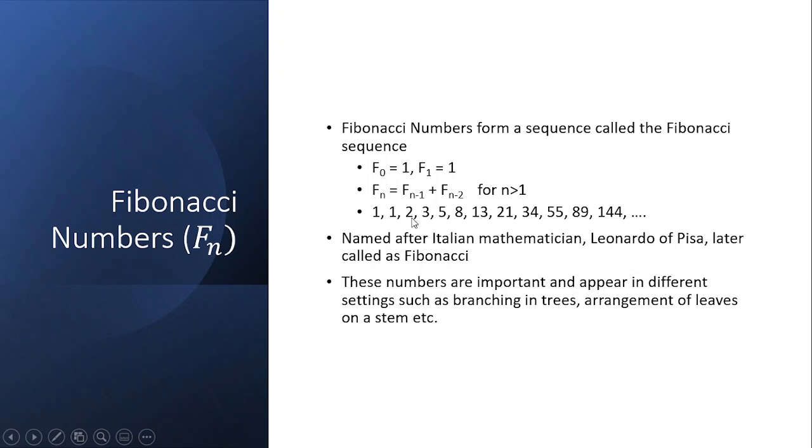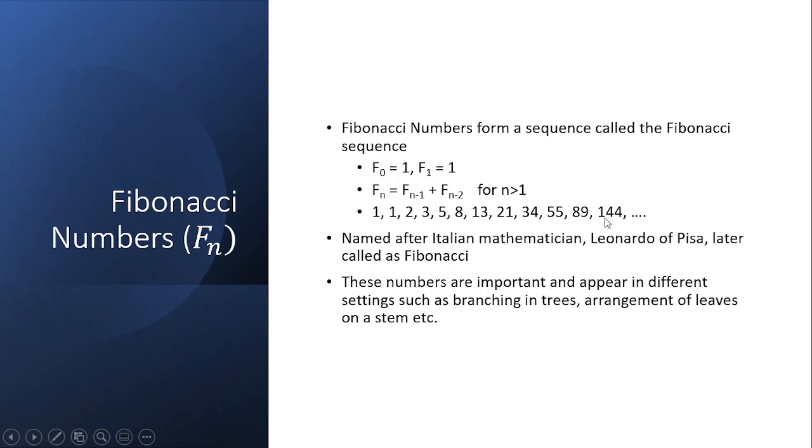The next number is the sum of two previous numbers. 1 plus 2 is 3. And then 5 is basically the sum of the previous two Fibonacci numbers. 2 plus 3 is 5, and 3 plus 5 is 8, 5 plus 8 is 13, 8 plus 13 is 21, 21 plus 13 is 34, 34 plus 21 is 55, 55 plus 34 is 89, 89 plus 55 is 144, and so on.